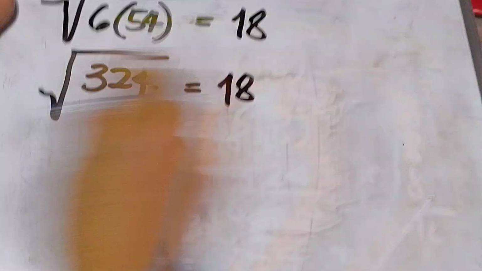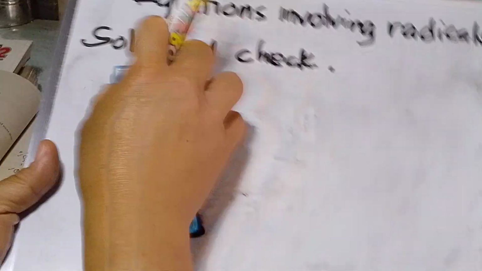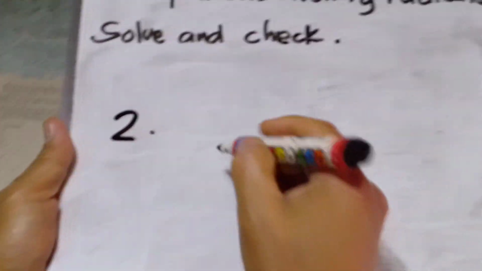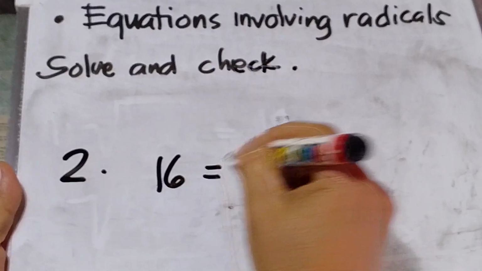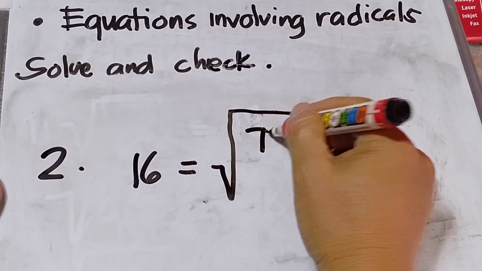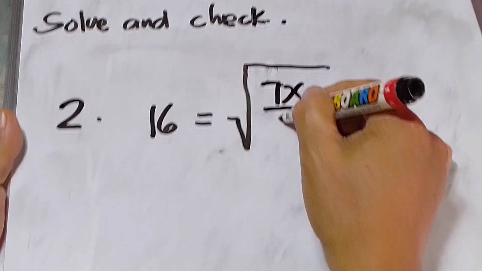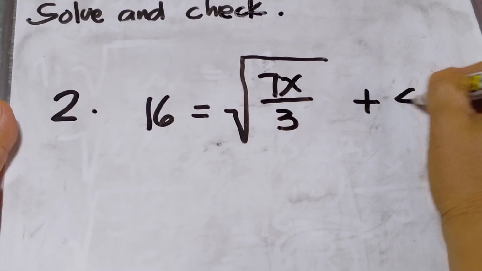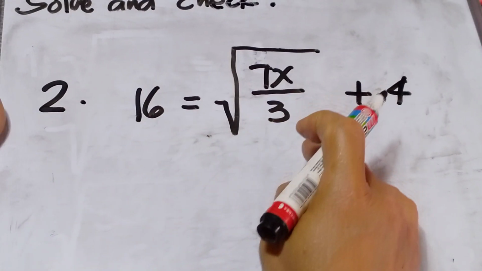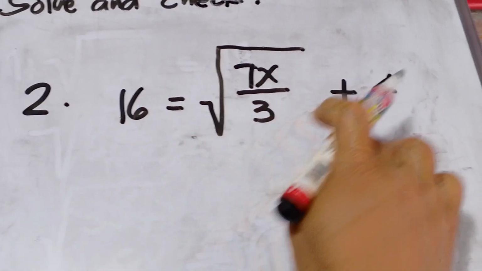So I will proceed to the second one, number 2. Number 2 is 16 is equal to square root of 7x over 3 plus 4. For me, I have to transpose this one, and then 16 will be transposed to the right.